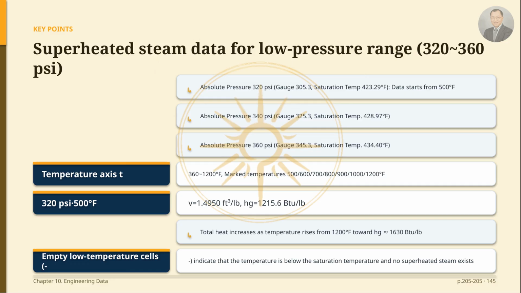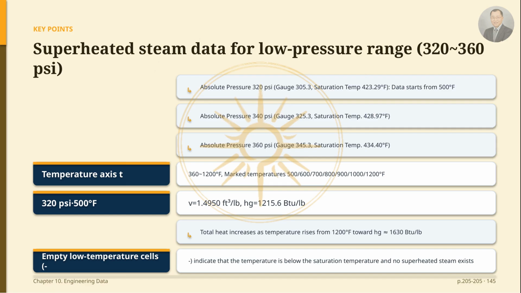This section covers the low-pressure range from 320 psi to 360 psi absolute. An absolute pressure of 320 psi corresponds to a gauge pressure of 305.3 and a saturation temperature of 423.29 degrees Fahrenheit.